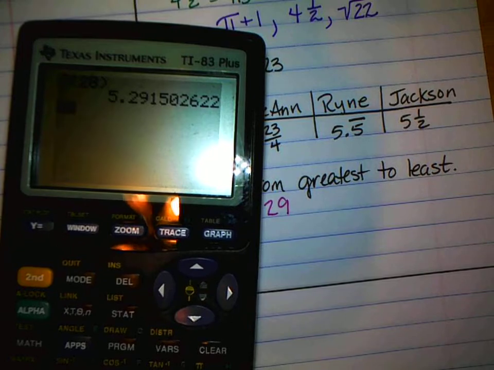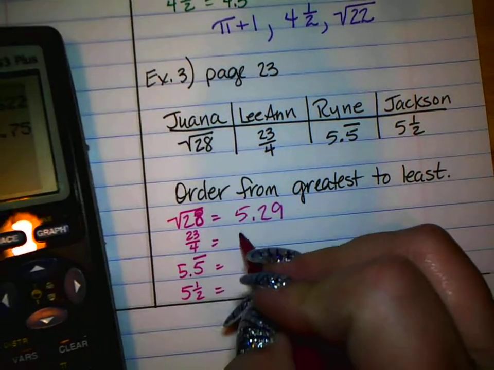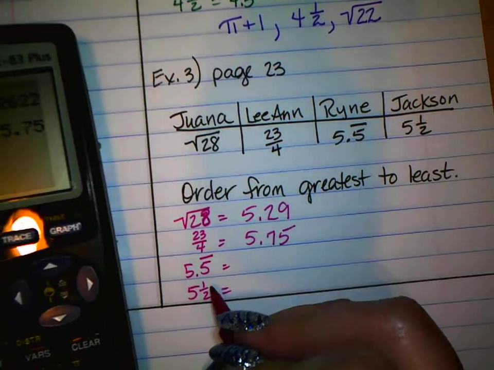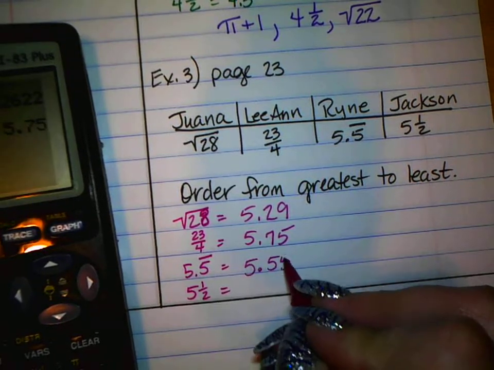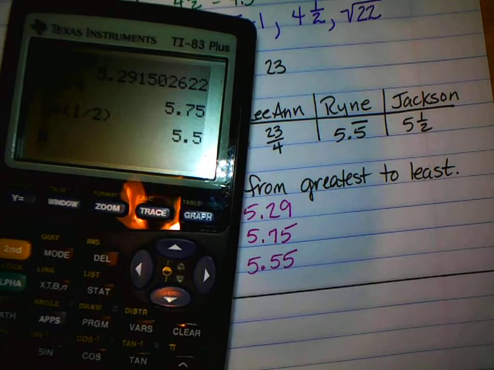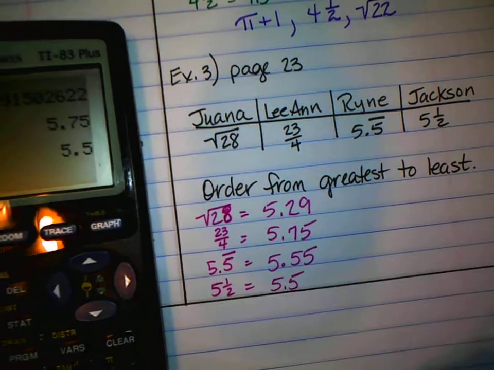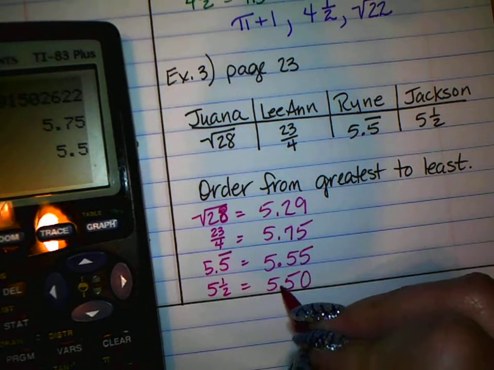Then I'll do 23 divided by 4, 5.75. This one, 5.5 with a repeating bar, that just means it's going to be 5.55. And then 5 1/2 is the 5 plus 1/2. And I get 5.5. And if I take it one more place to match the places there, I get 5.50.